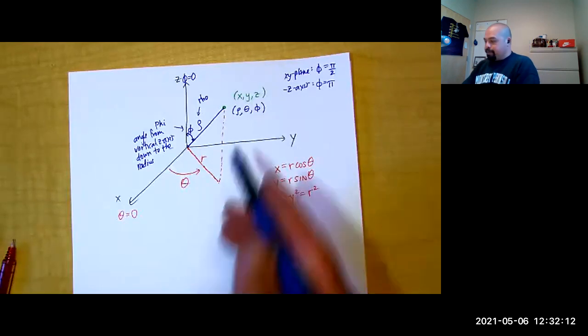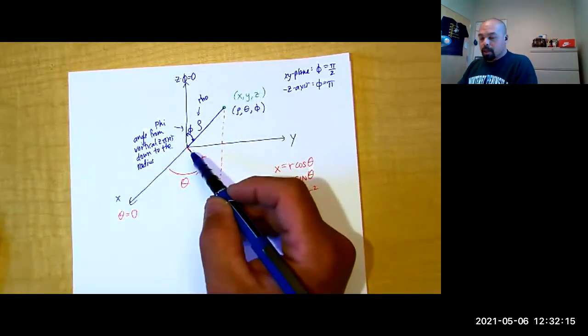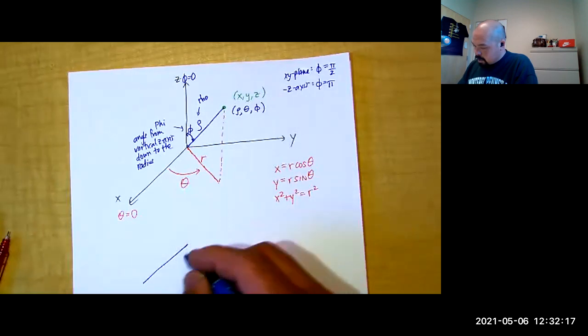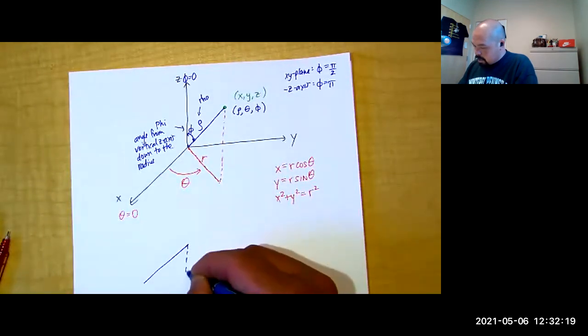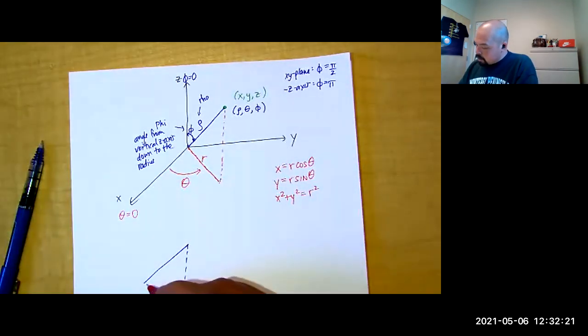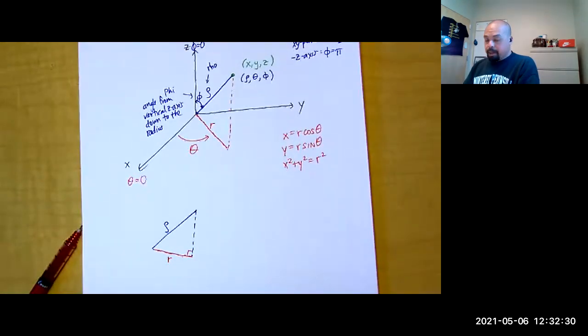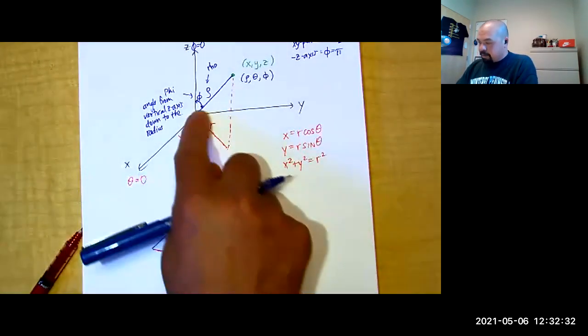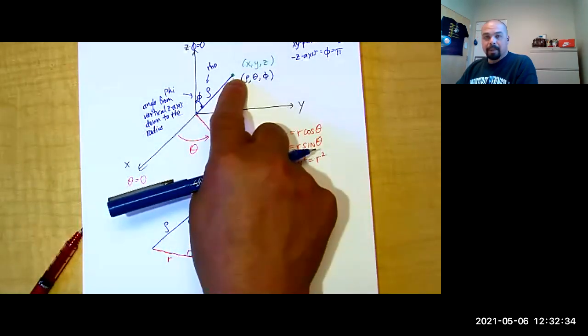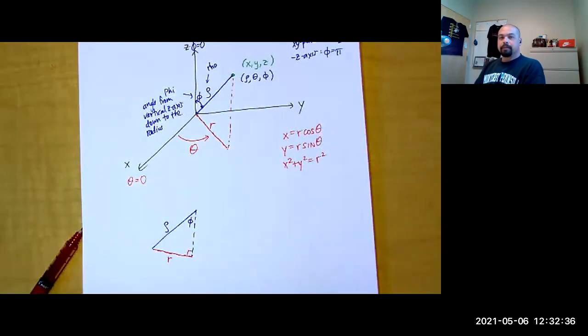And so looking at that through some geometry work, this is the same as this triangle. Here's my right angle. Here's r. Here's rho. This angle is also phi, since opposite interior angles are congruent here.